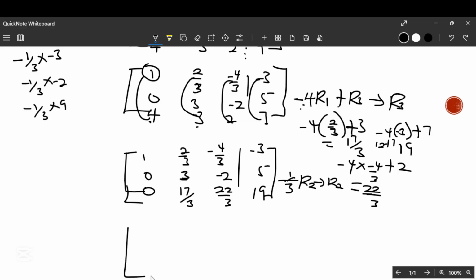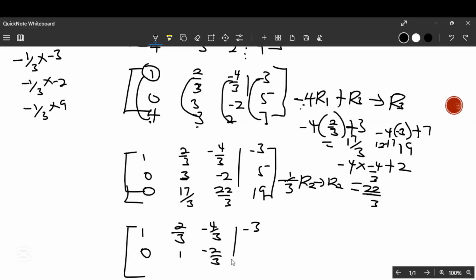Let's first write the elements of row 1: 1, 2/3, negative 4/3, negative 3. So 1/3 of all the elements of row 2: 0 still maintains, then 1/3 times 3 gives us 1, and 1/3 times negative 2 gives us negative 2/3.